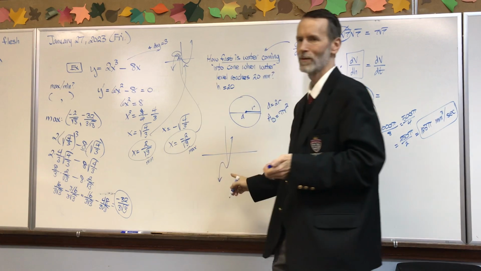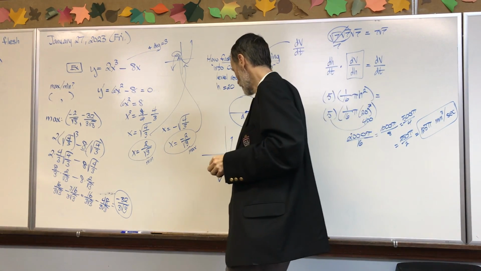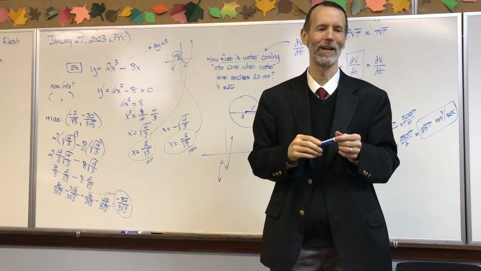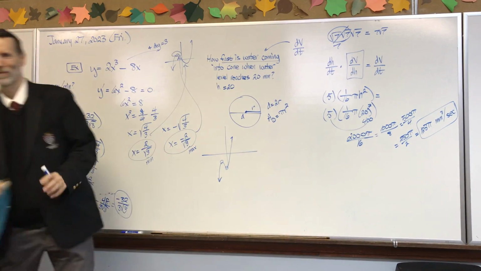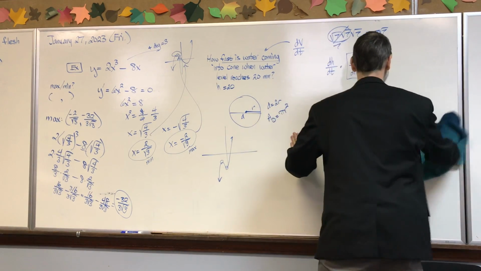So both the max and the min are below 0. They're both negative. The question is, is this a mirror image of this? Not always, unfortunately. So find the other one. Plug it in again. Yes, exactly.